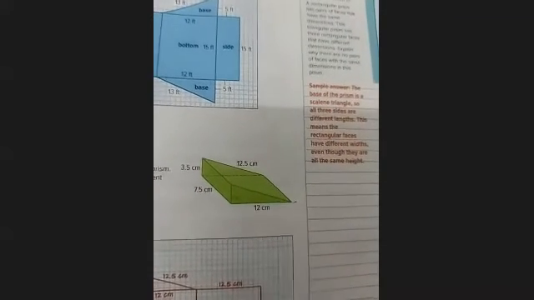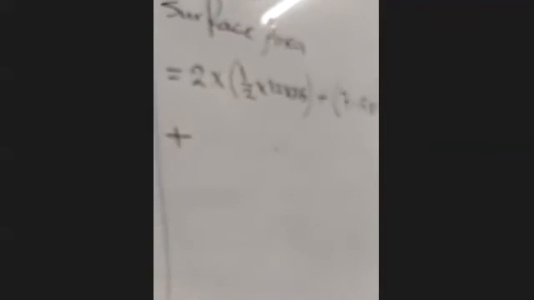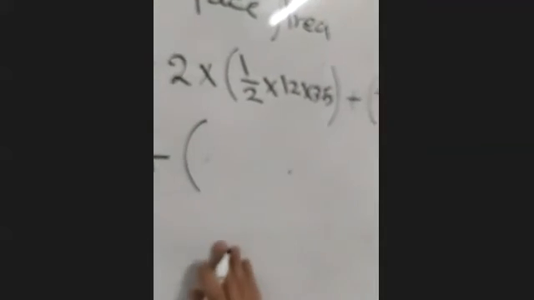Okay, the length 7.5. The width? The width is 12. No, 3.5. The length 7.5 and the width how much? 3.5. What's the area? 7.5 multiply 3.5.